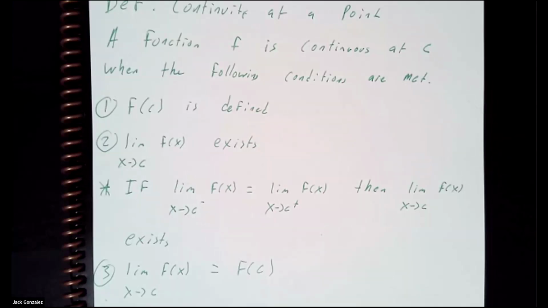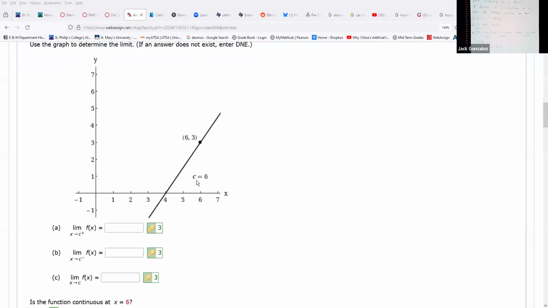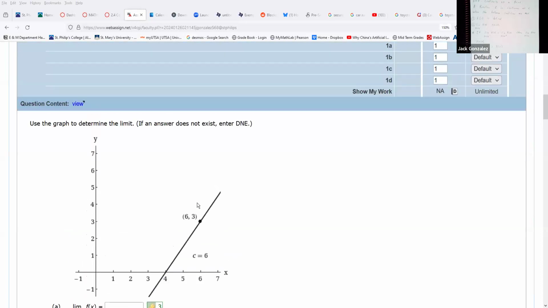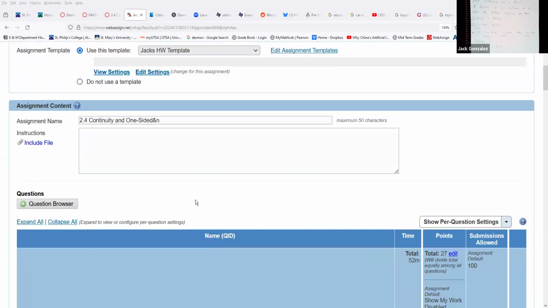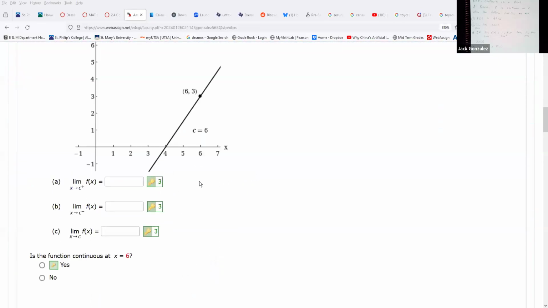Yeah, let me show you an example, just in case that doesn't make sense. Okay. So the C in question for number 1 in your homework, 2.4, C is equal to 6, right? What is f of 6? 3.